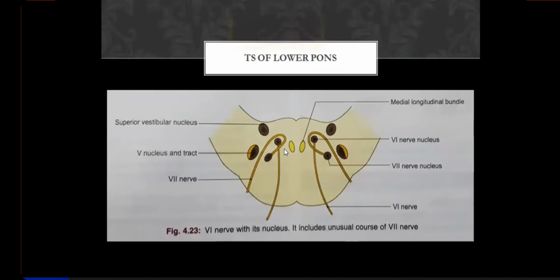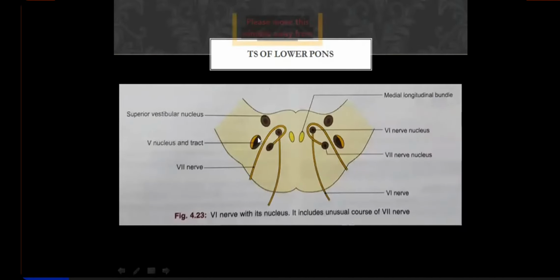Remember, M for motor, M for medial. So trigeminal also has a motor nucleus which lies medial to its main sensory nucleus here. So this one is the motor nucleus of trigeminal. Remember, this will be special visceral efferent. Got it?